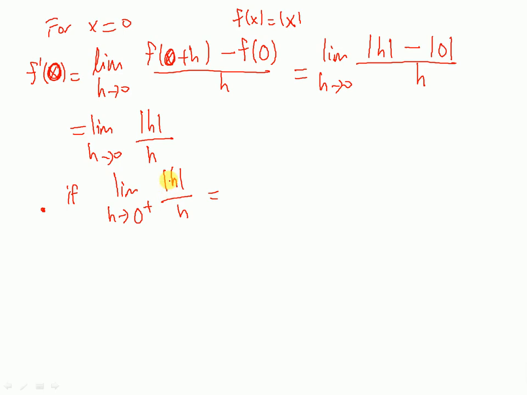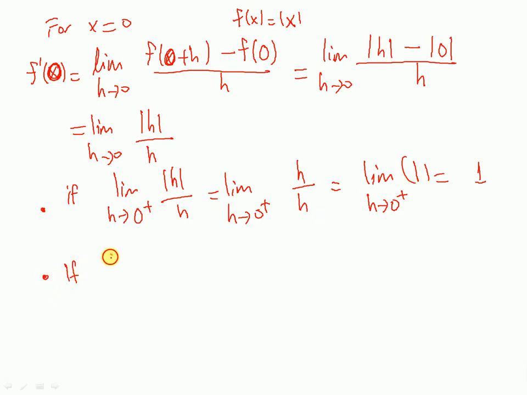Then we can drop the absolute value, because if we go from the positive side of 0, this whole thing becomes a positive h, so we have the limit of h over h, which is 1.